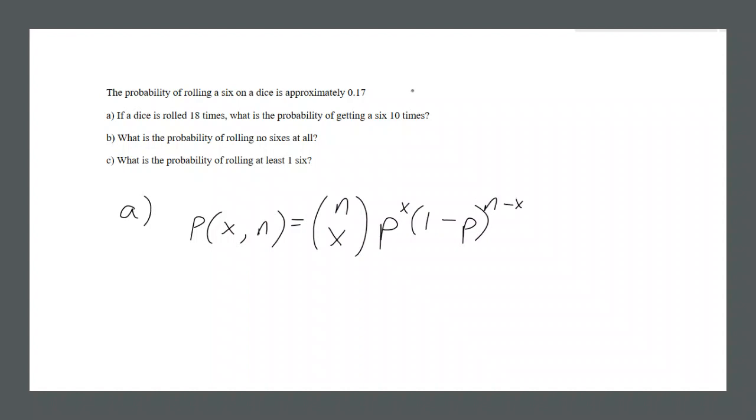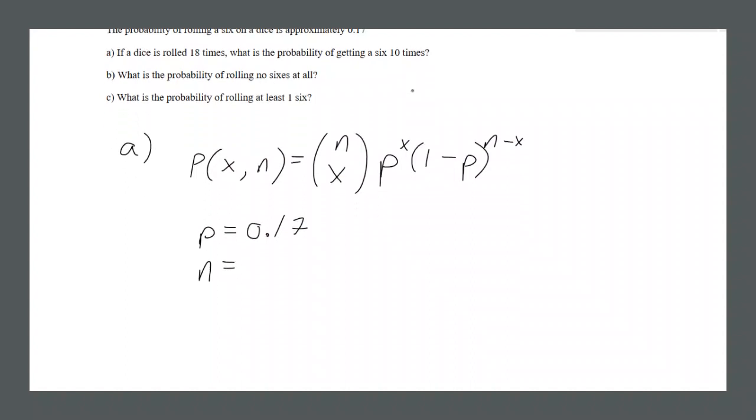Now here p is our probability of success, which is 0.17. N is our number of trials, which is 18, because we're rolling the dice 18 times. So 1 minus p is then the probability of failure, which is 0.83.